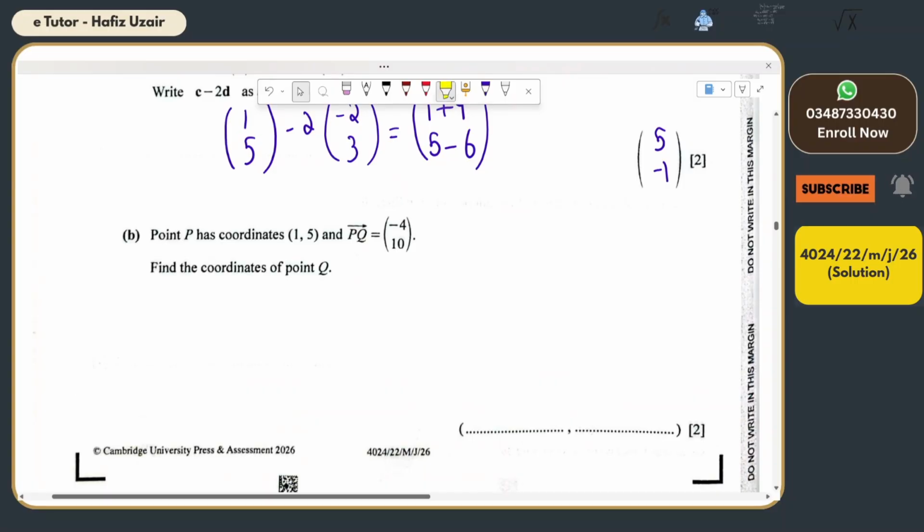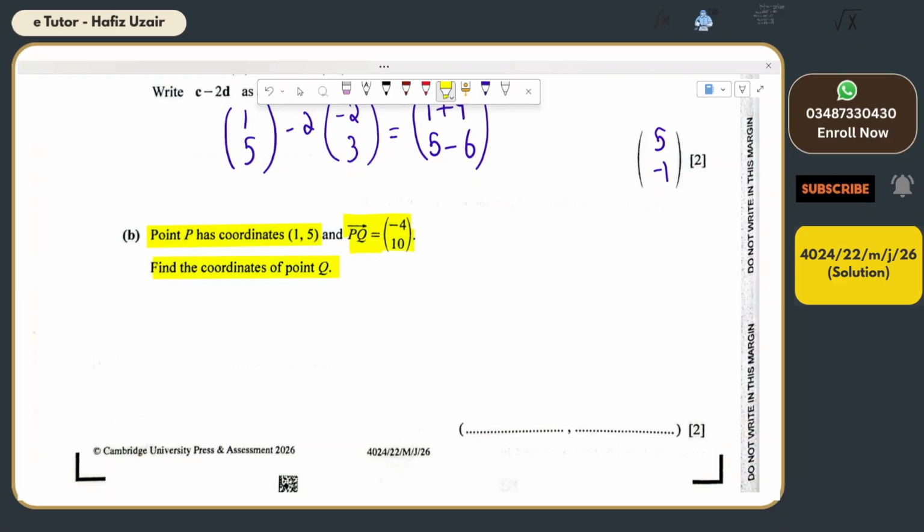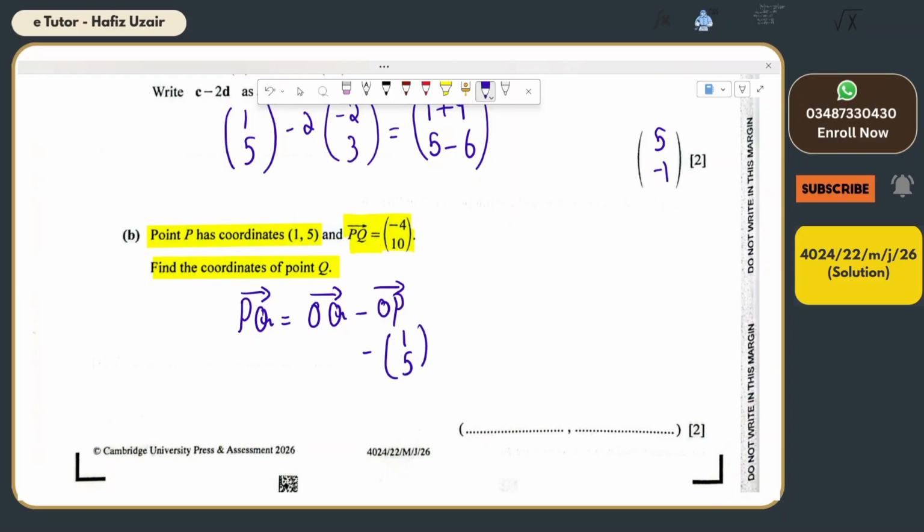Now let's move to part B. Point P has coordinates (1, 5), and PQ is (-4, 10). You need to find the coordinates of Q. We know that the vector PQ in terms of position vectors is equal to OQ minus OP. OP is (1, 5) because the coordinates are 1, 5.